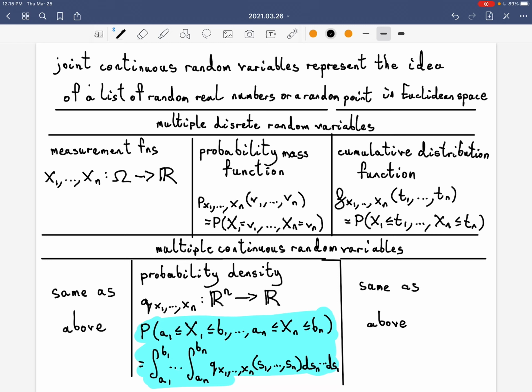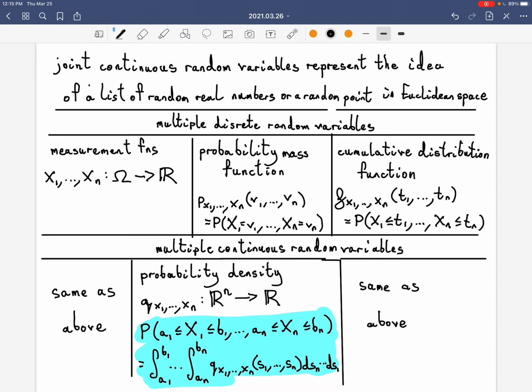So we have these three equivalent formulations for how to define discrete random variables, and we found that there were three equivalent formulations also for defining multiple discrete random variables.